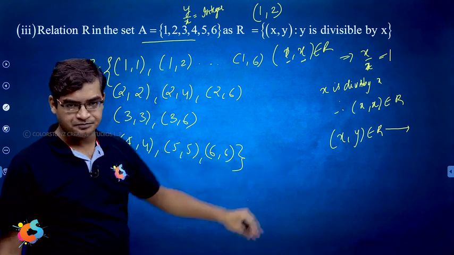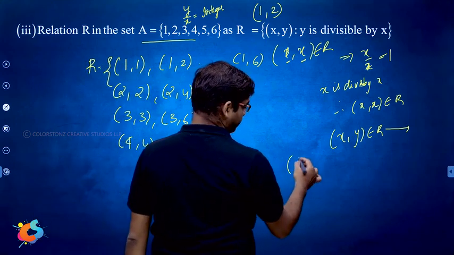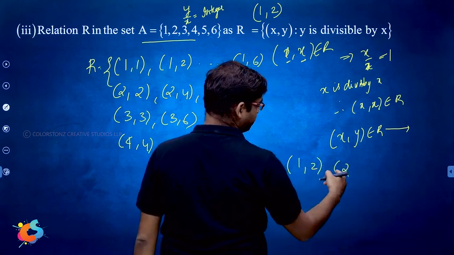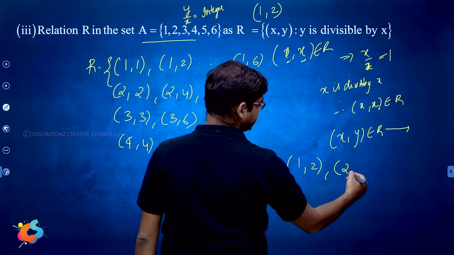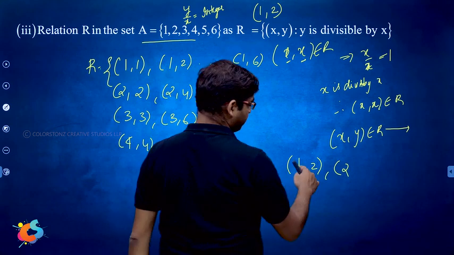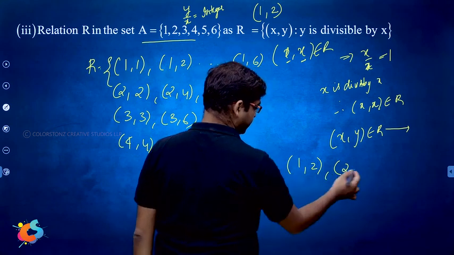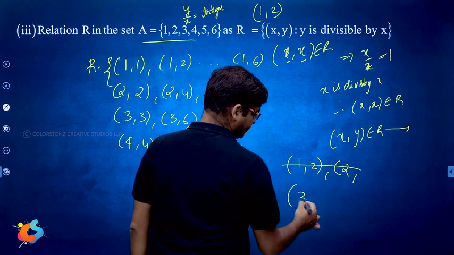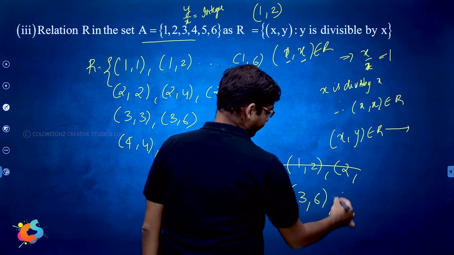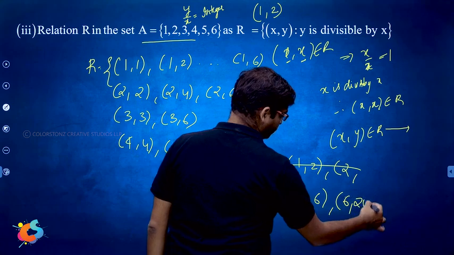And transitive also, same procedure. Means if X is divisible by Y, Y is divisible by X, so 1 divides 2, 2 divides, okay, let us take some other example. So let us say for example, this is 3 and this is 6 and this is 6 and this is 24.